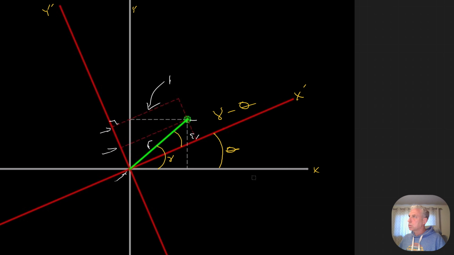So this distance here, that's our delta y prime. And this distance is our delta x prime, right? The change in x prime within our new rotated reference frame.